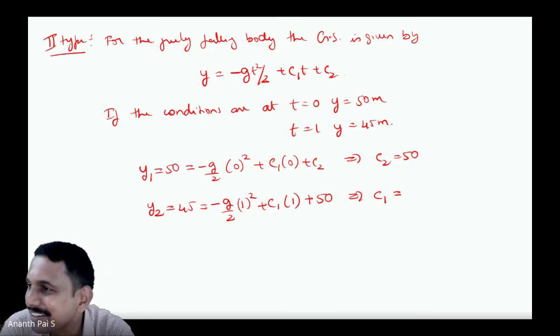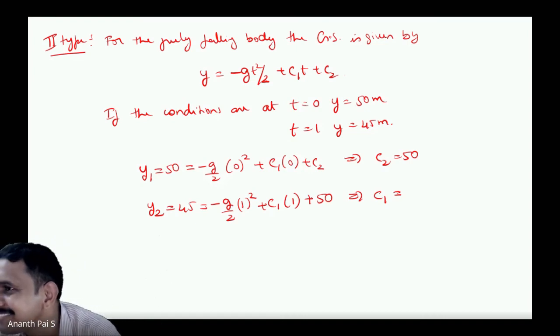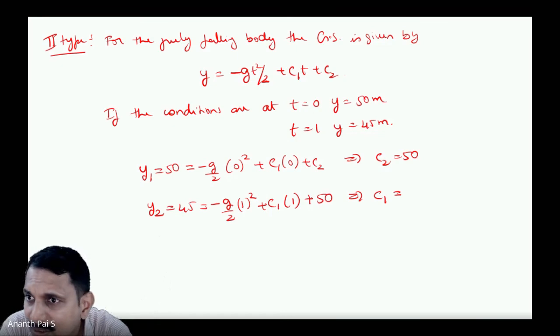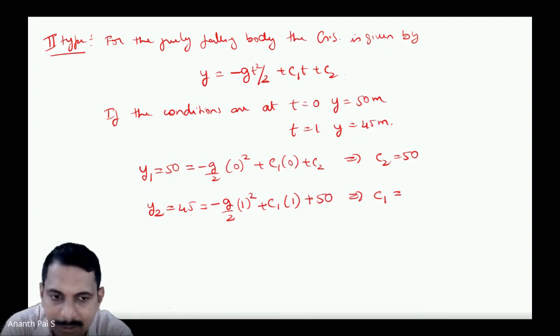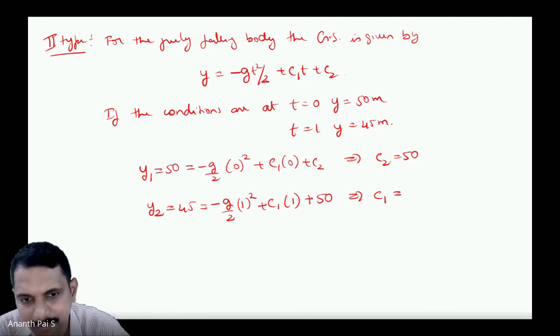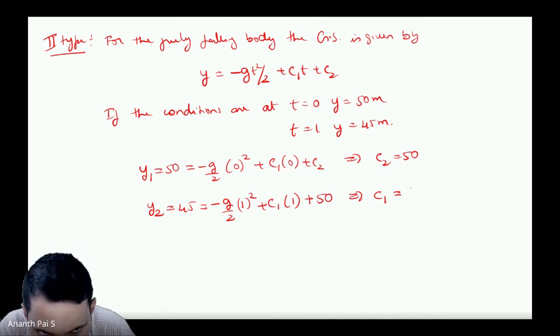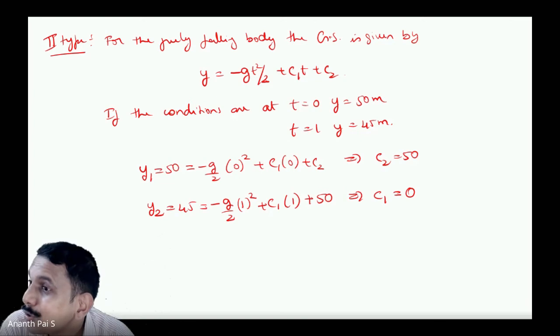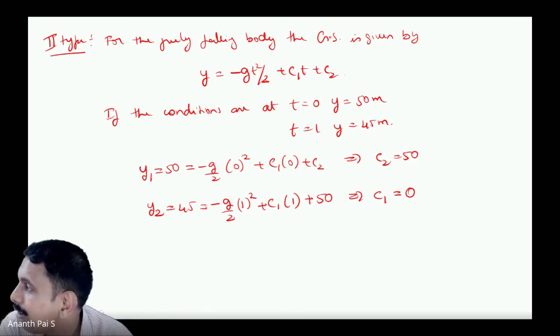Yes, what is C1? C1 is 0, no? G is 10 you are taking. Fine. What do you get C1 as? 0. If G is 10, you get C1 as 0. Okay, fine. So you get C1 as 0. It's possible. That means it is thrown with initial velocity 0.